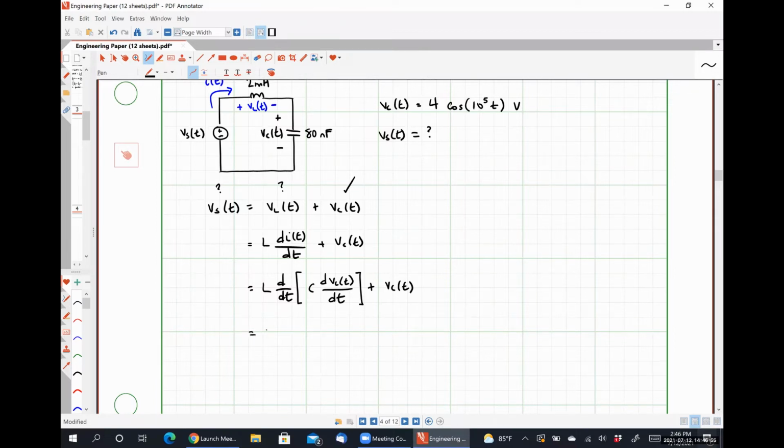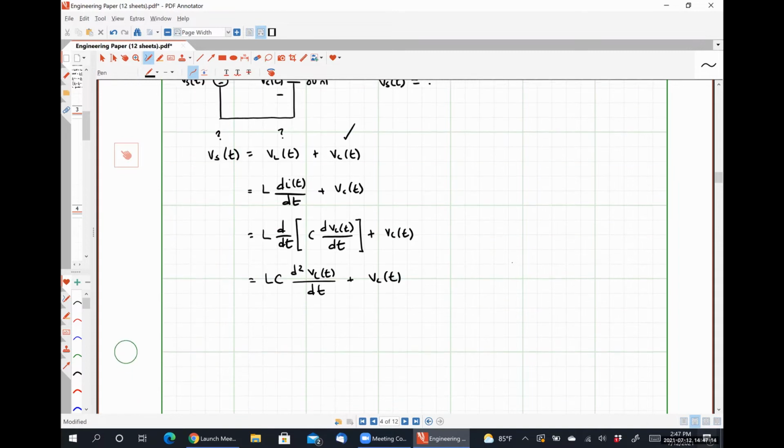So I've used both of those derivative-based relationships that we've learned, and I can now combine things here. So I can just say that this is LC times the second derivative of my given capacitor voltage plus my capacitor voltage, which mathematically is more succinct, but doing it in practice actually might be more difficult.